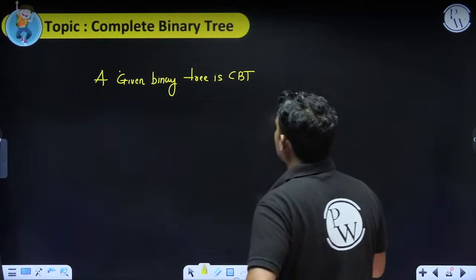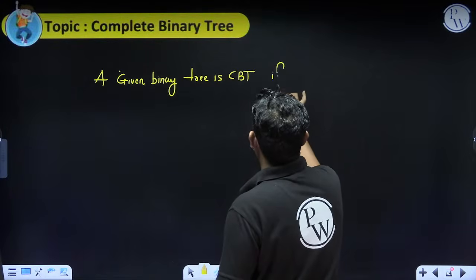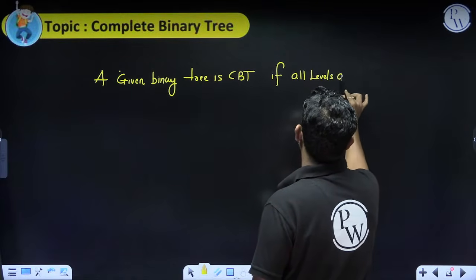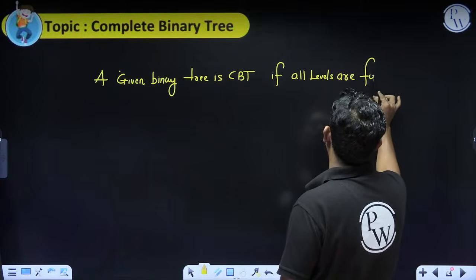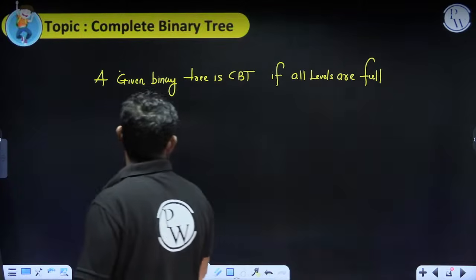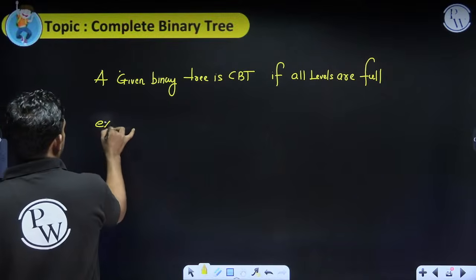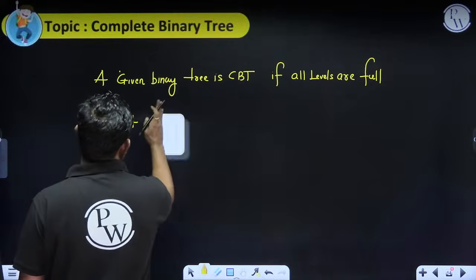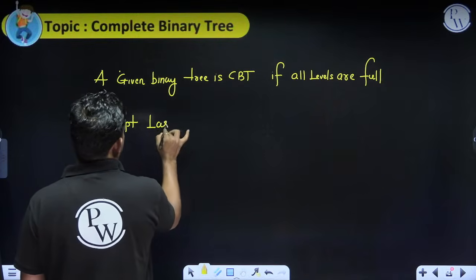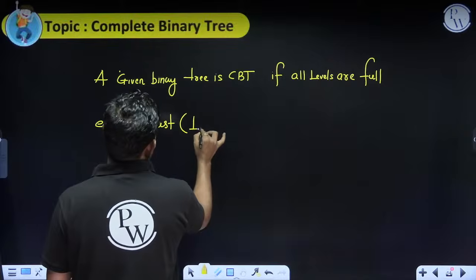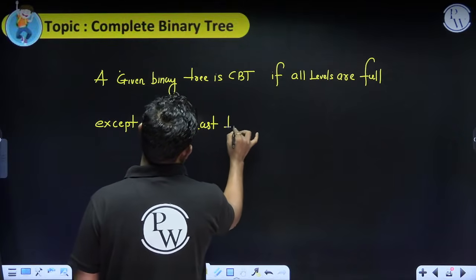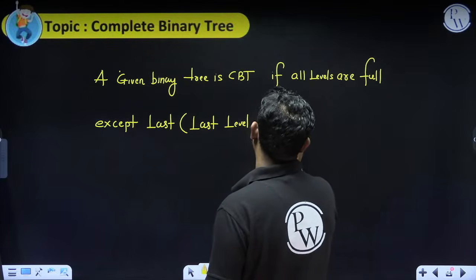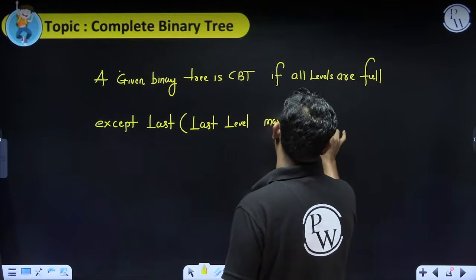A given binary tree is a CBT if all levels are full except the last. The last level may or may not be full.